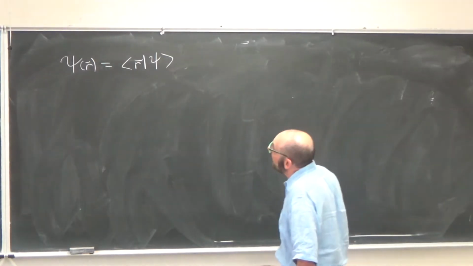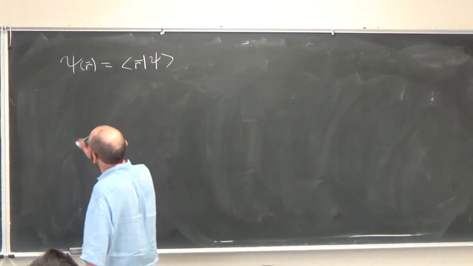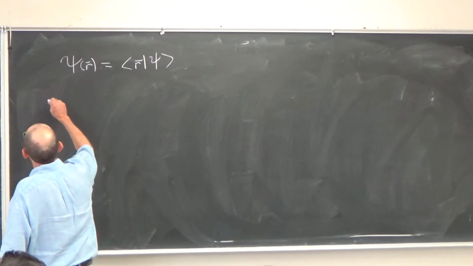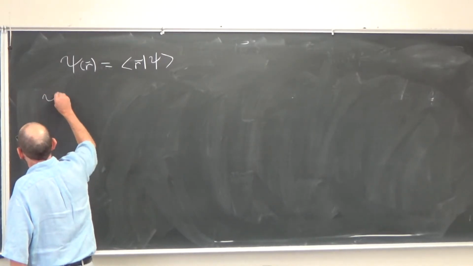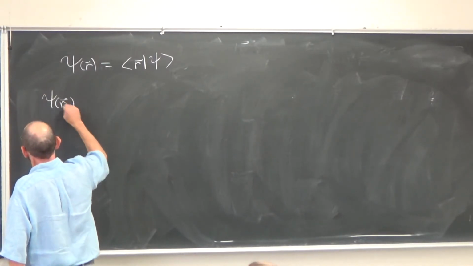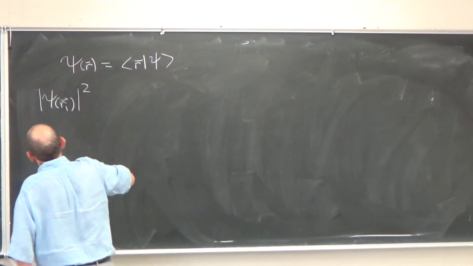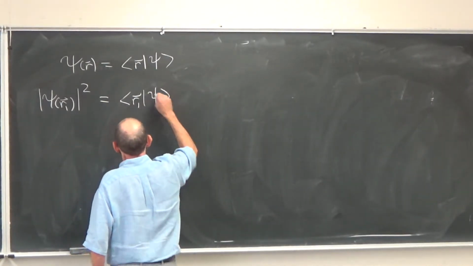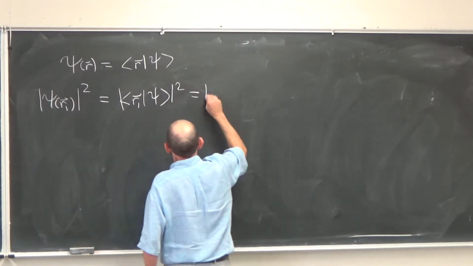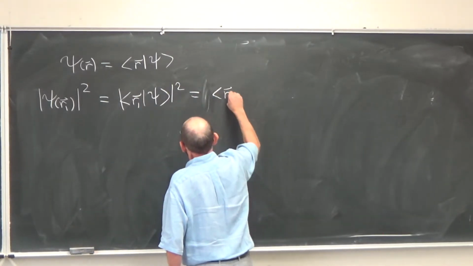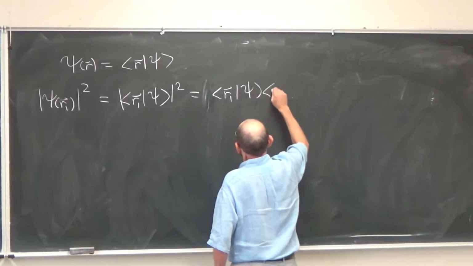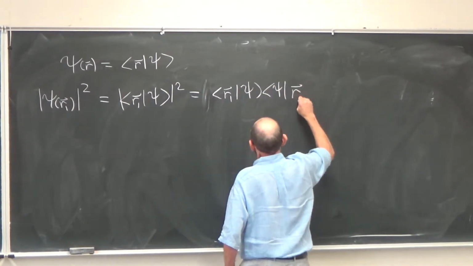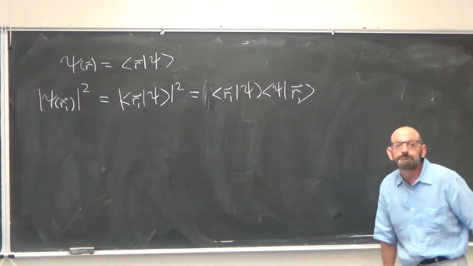So in that case, we have that, say, the probability density associated with wave function 1 is that.